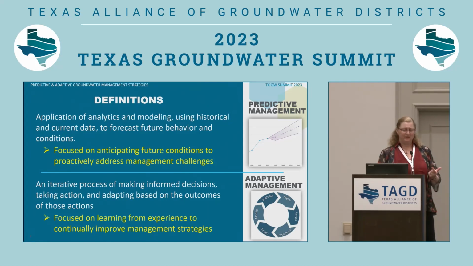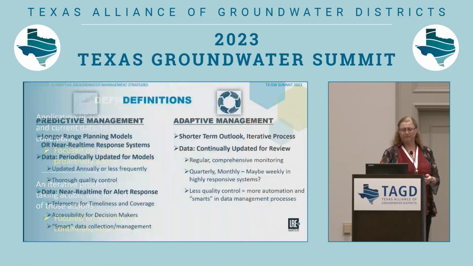Whereas adaptive management is about being flexible and iterative in your management policy structure and taking actions based on maybe those models that you predicted with, but then looking at the impacts, looking at the outcomes of those actions, and then adapting and making changes in your approach if it's appropriate. And so it's focused on learning from experience, continual improvement.